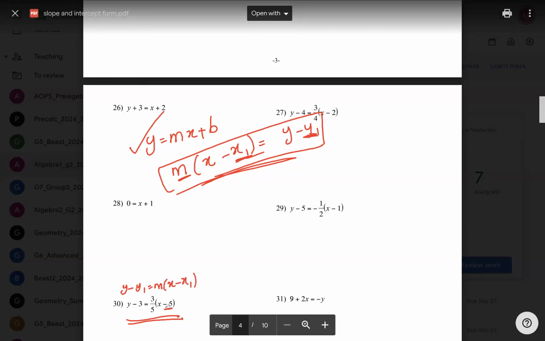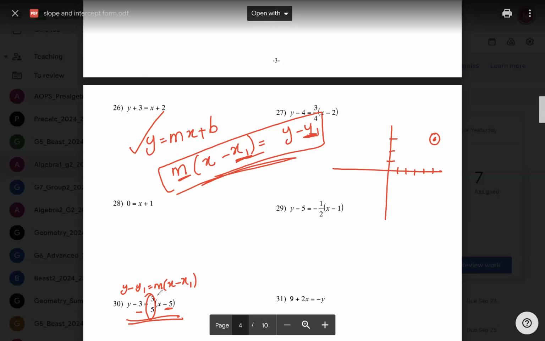So (5, 3) is a point on the line. The slope of the line is 3 by 5. How can I graph the line? (5, 3) is a point on the line, so the line will pass through this. And the slope is 3 by 5.